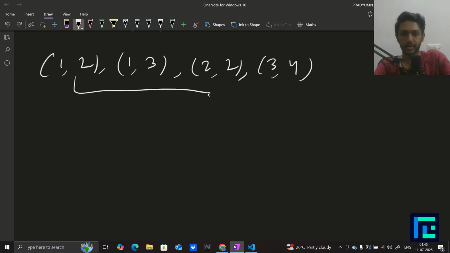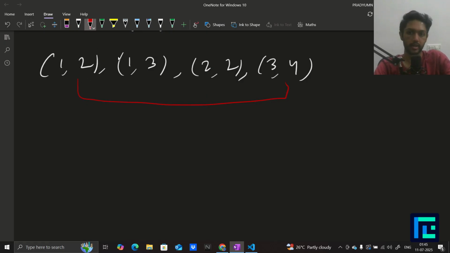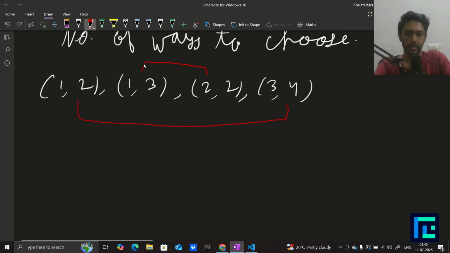Now if we take this one and this one, not possible because 2 is repeated. But then we can take this one because it is not repeated. Then these two are possible, and also these two, because no one is repeating, and also these two are possible. So basically we have four pairs, this 1 2 3 and 4.